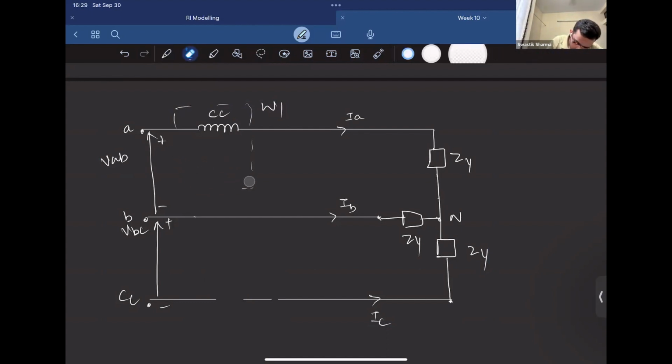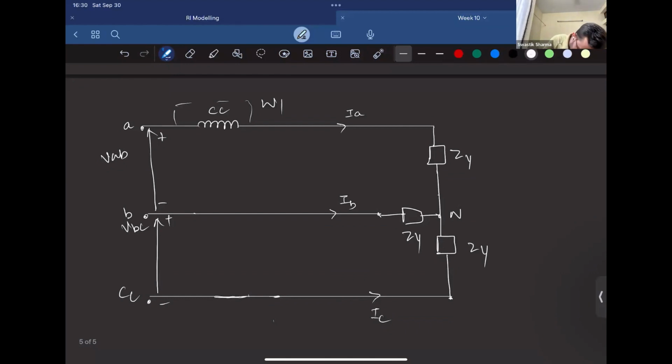What they are doing is they are just simply connecting the current coil in series with the phase A, and the pressure coil is being connected across two phases, that is B and C, or A and B, right? So let's see how the circuit would look like for that.